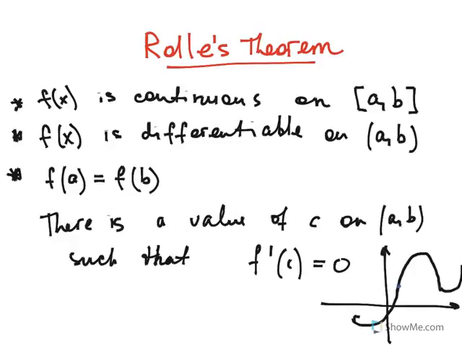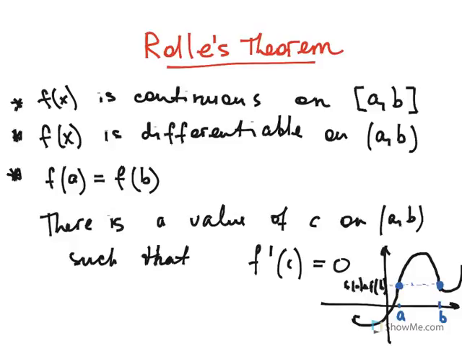So let's say this is my x value a, and this is my x value b. Now please notice, well, this graph is not perfect, but please notice that f of a in this case is the same as f of b, right? The y values are the same.